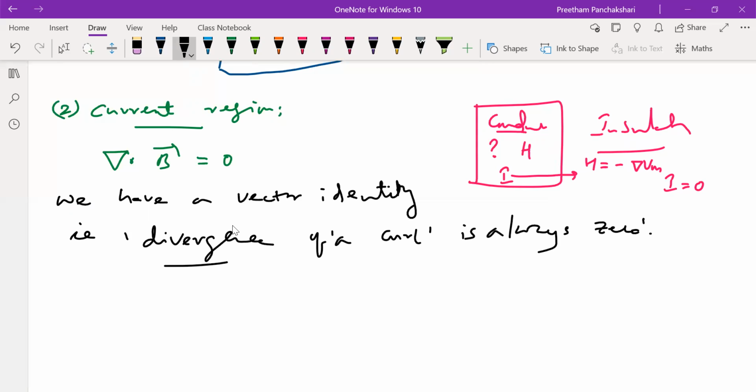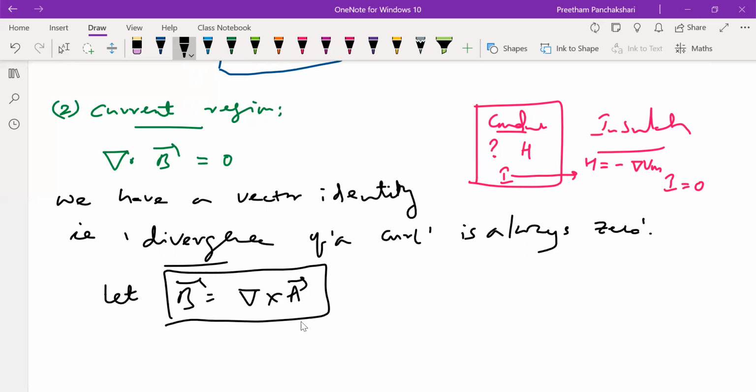So based on that, can we define a potential which is applicable for a region containing the current? Let us define B is equal to curl A. In this case, we don't know what A is, but this A later will be defined as the vector magnetic potential.